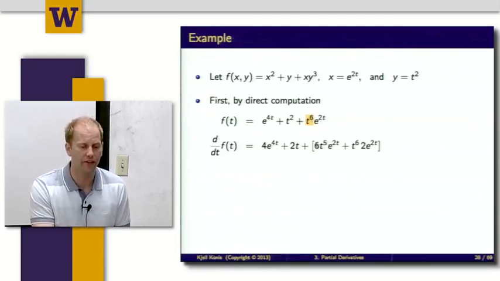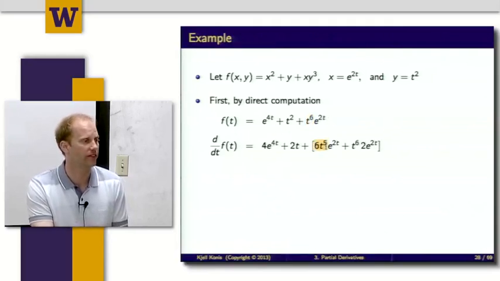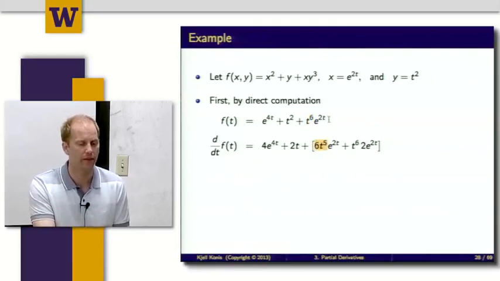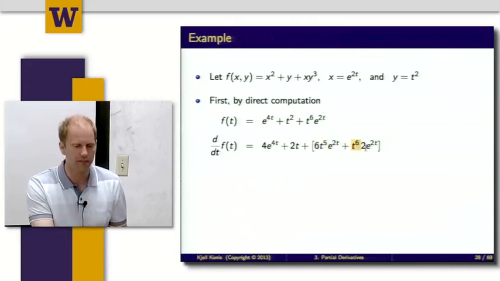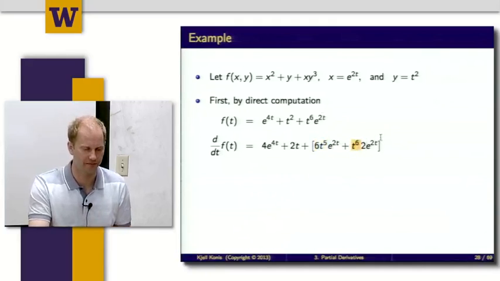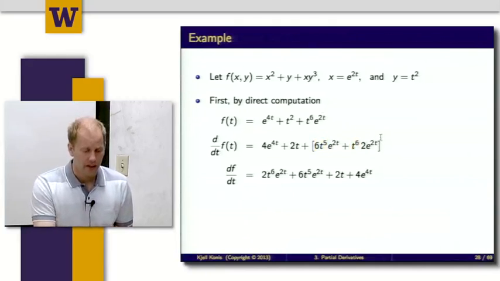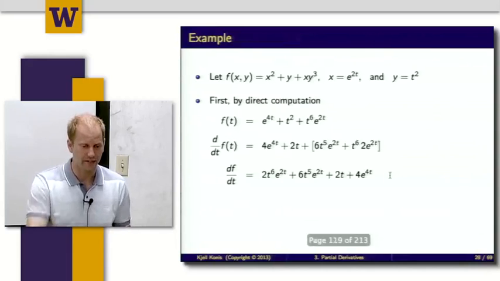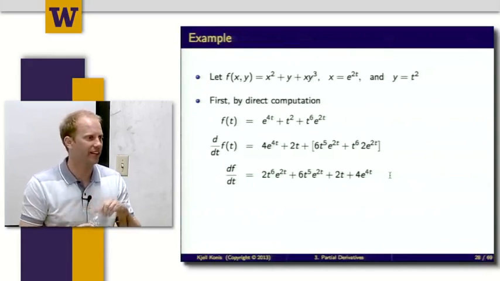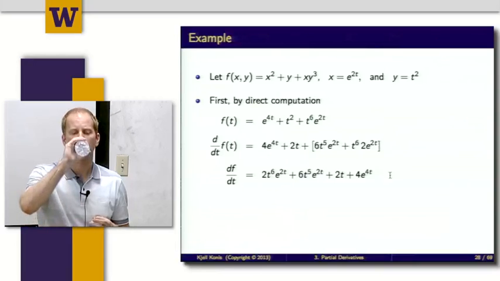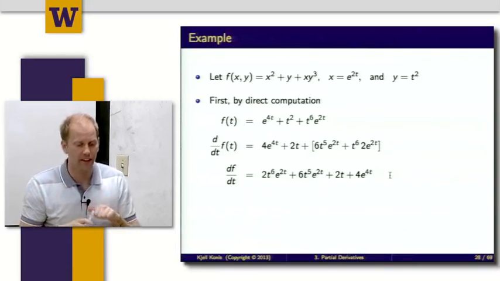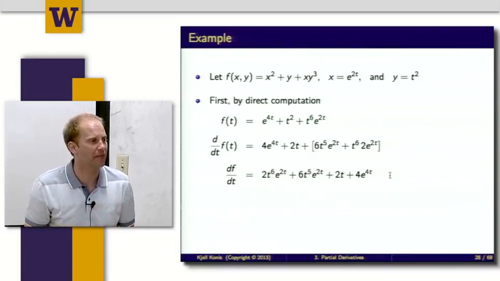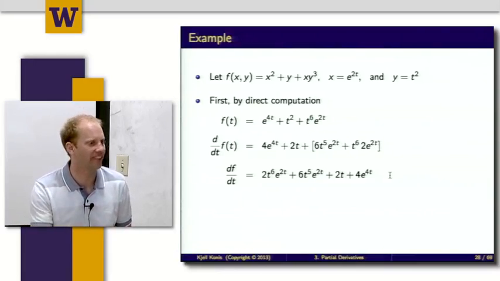That says the derivative of the first function, the derivative of t to the 6th, is 6t to the 5th, times the second function, plus the first function times the derivative of the second function. And so that tells me that the derivative of f with respect to t is this expression here. That's as simple as it's going to get, so it's not particularly pretty. But it's also ugly enough that if we get exactly the same thing, I'm not going to think that it just happened by chance.